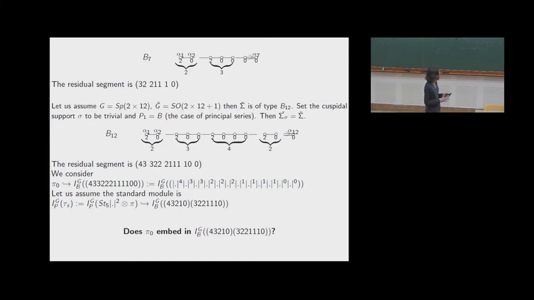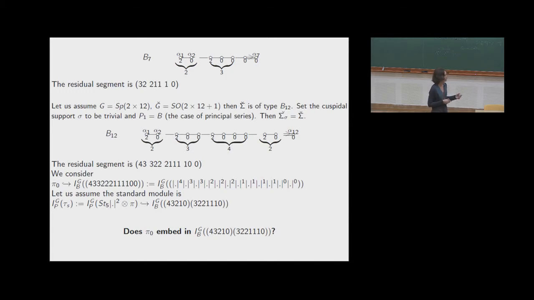So let me get into an example so that you get a feeling of what's going on with these segments. I will start with B7, and this Dynkin diagram gives you this type of residual segments. Let's say that G is SP24, and the dual group is SO25. So usually for these residual segments, the parameter is in the dual of the Lie algebra.